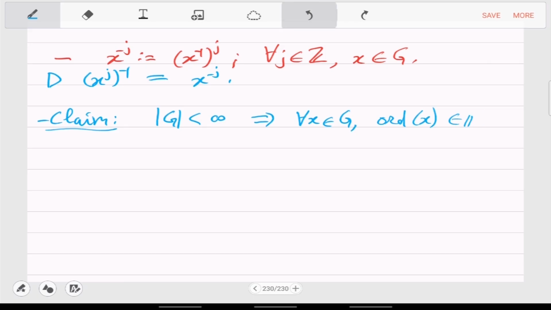In fact, you know that it will be in this range. How do you show this? X raised to G will be 1, will be E. How do we show that?